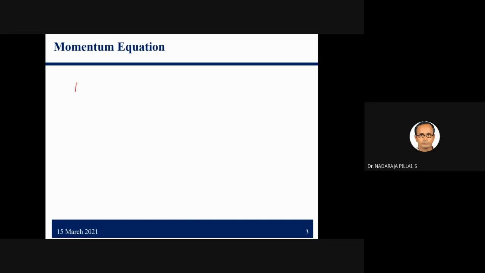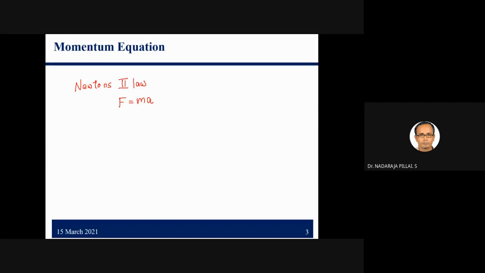Newton's second law, we can write F is equal to m into a, the force exerted on a body of mass m, where a is the acceleration.